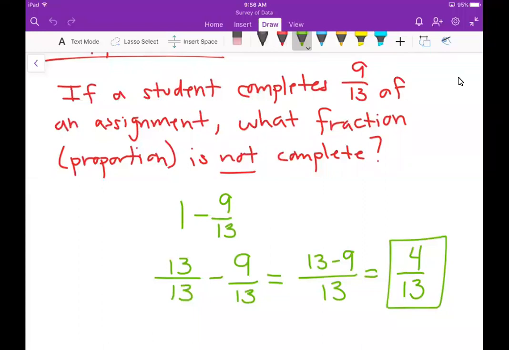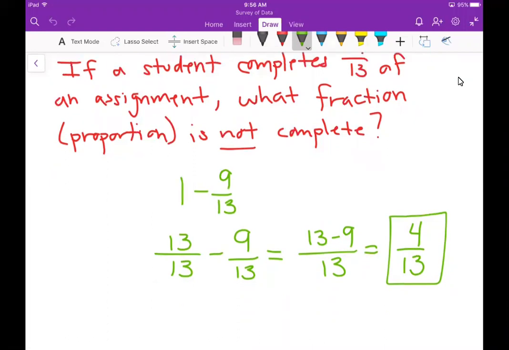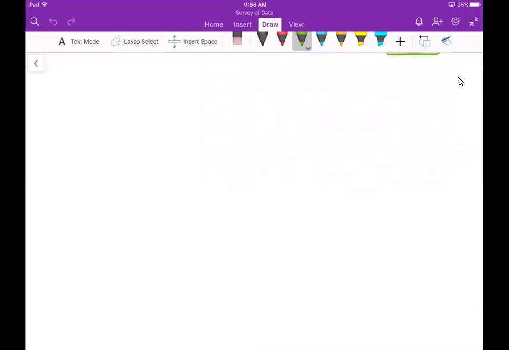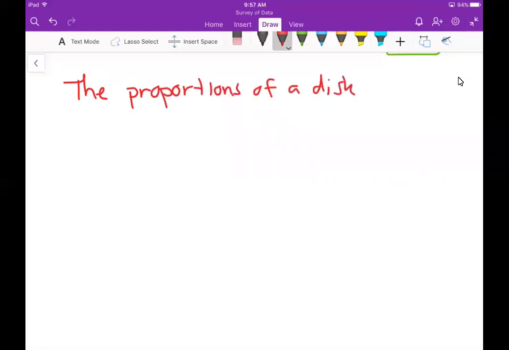Okay, so anytime we're thinking about what's left of the whole, we're taking the whole minus what we know to get the rest. So a good way to visualize this is in this next application. In this one, we're going to look at the proportions of a disk. Okay, so the proportions of a disk are going to be shown.